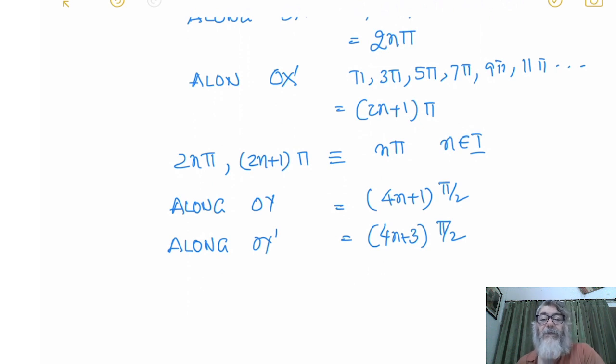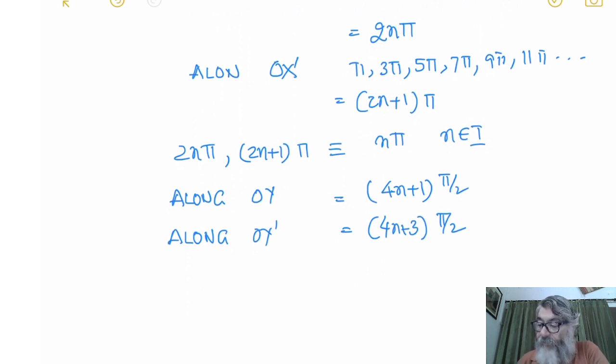So cos is always 0 when x is an odd multiple of pi by 2. Cos is always 0 on the y-axis, sine is always 0 on the x-axis. This also we had discussed, but even then I am going to write it again.